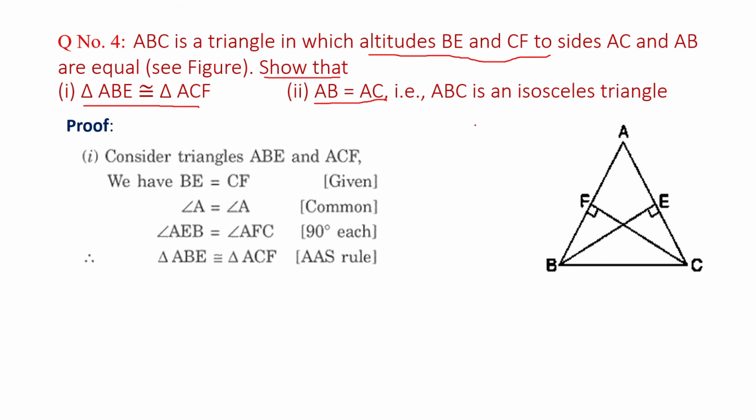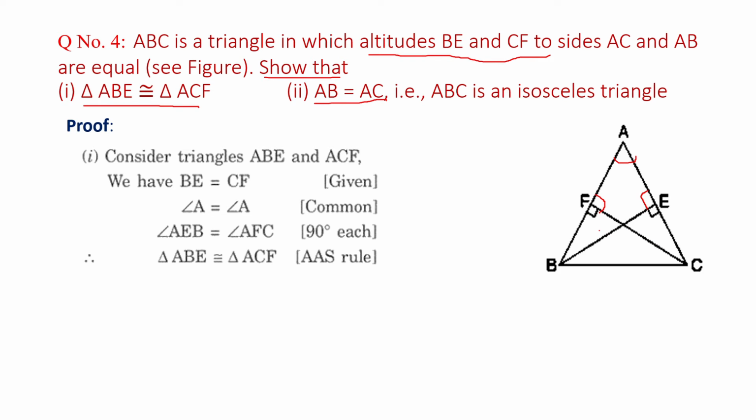Consider triangles ABE and ACF. Angle A is common in both the triangles. Angle AEB is 90 degrees because these are altitudes, given, and angle AFC is 90 degrees. And BE is equal to CF, given.